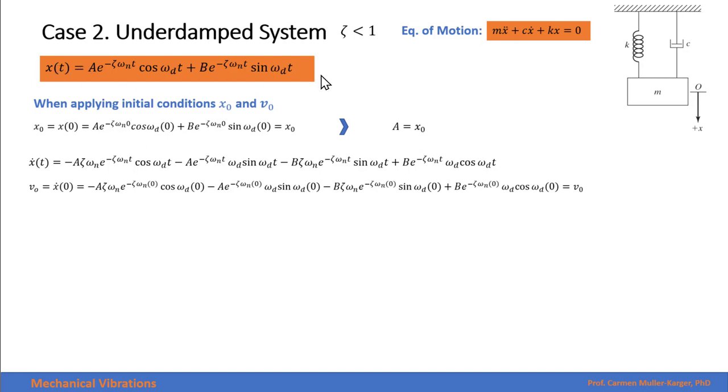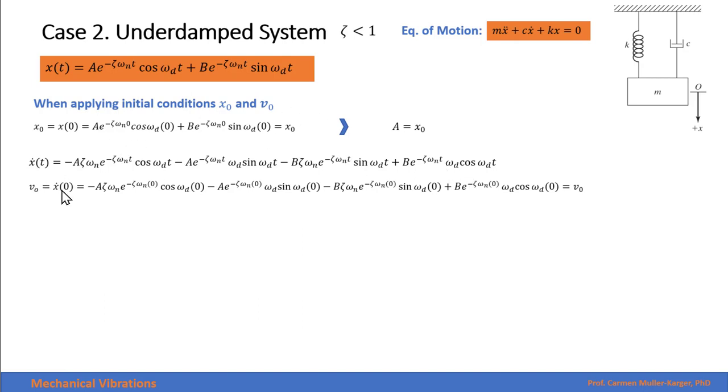Then we differentiate this expression, which is a little bit long because these are two functions of time. Therefore, we have to apply the product rule: the derivative of the first times the second, plus the first times the derivative of the second, in each case. So we have 4 terms.